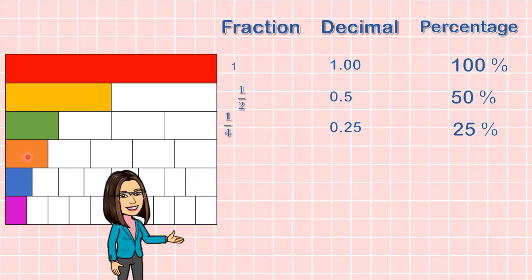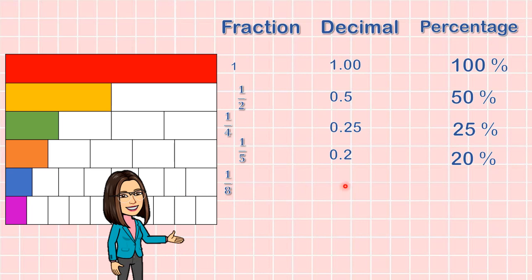Next, we have 5 equal parts with 1 shaded part, so we have 1/5, in decimal that is 2/10, in percentage that is 20%. Next, out of 8 equal parts, we have one shaded part, so that is 1/8.